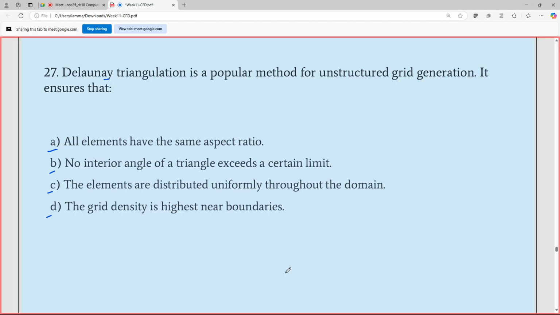Our answer is option B, that is no interior angle of a triangle exceeds a certain limit.